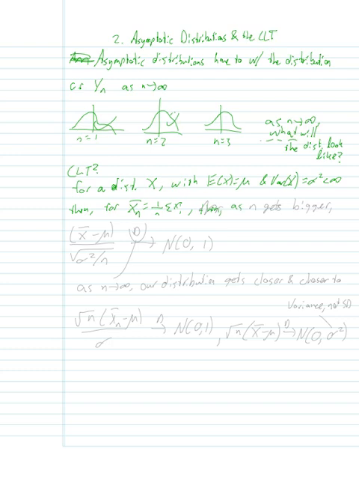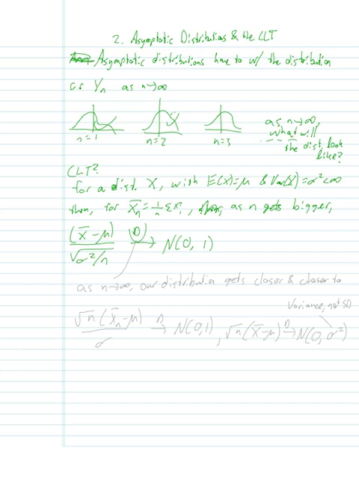Then, as n gets bigger, we have that x bar minus mu, so the sample mean minus the population mean, over square root of sigma squared over n, converges in distribution to a normal distribution with mean 0, variance 1.